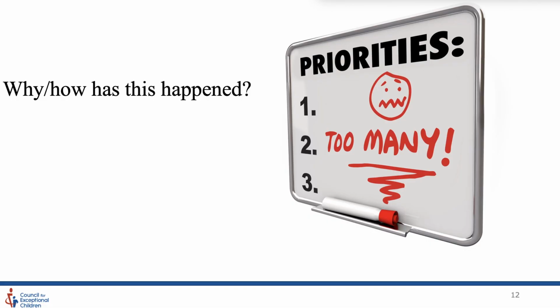So why has teaching students to generalize and use practices across time and settings not been a priority? One of the reasons is just that there are so many other practices, both high leverage and evidence-based, and then everything else on the list of a teacher that we need to do. And teaching students to learn something once in one setting, geez, that's hard enough, let alone teaching them to then go and be able to do that practice someplace else.